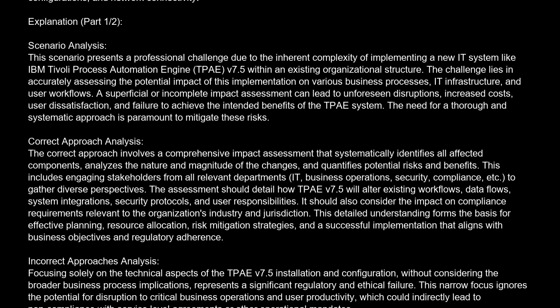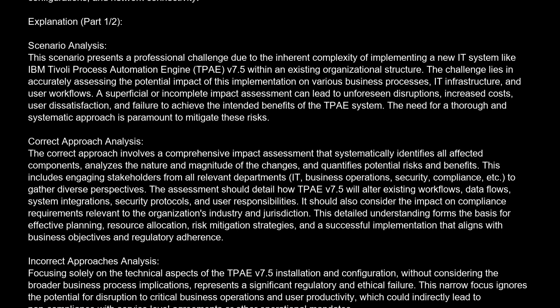Correct approach analysis. The correct approach involves a comprehensive impact assessment that systematically identifies all affected components, analyzes the nature and magnitude of the changes, and quantifies potential risks and benefits. This includes engaging stakeholders from all relevant departments, IT, business operations, security, compliance, etc., to gather diverse perspectives.